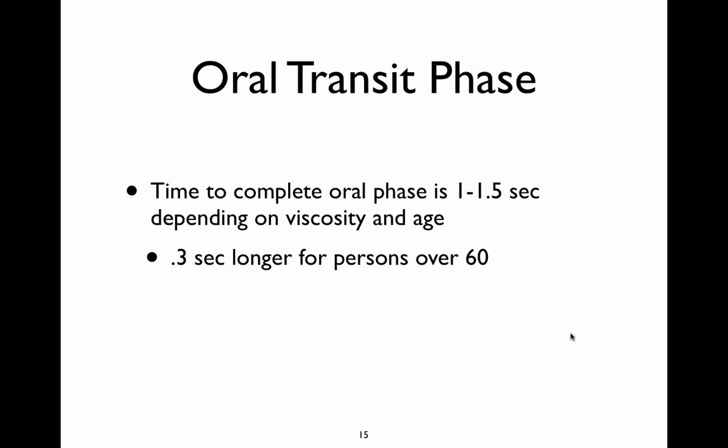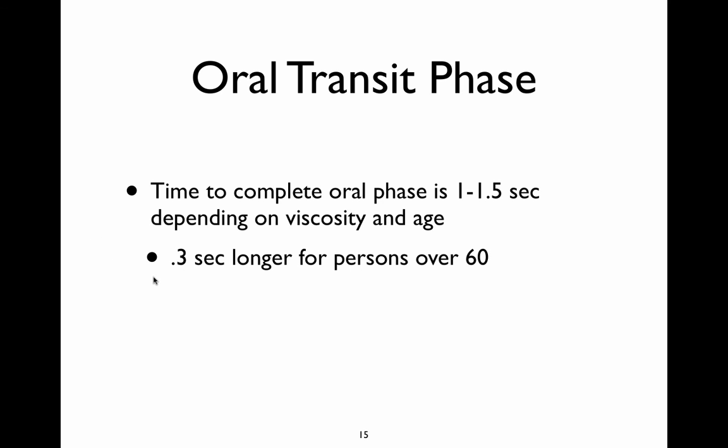Okay, one more word about timing issues. Recall that the movement of the bolus, we said earlier, was about 1 to 1.5 seconds, but it is in fact a little bit longer for people who are over the age of 60.